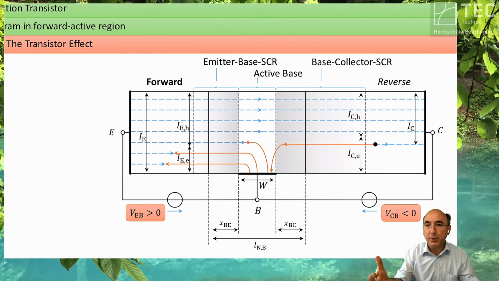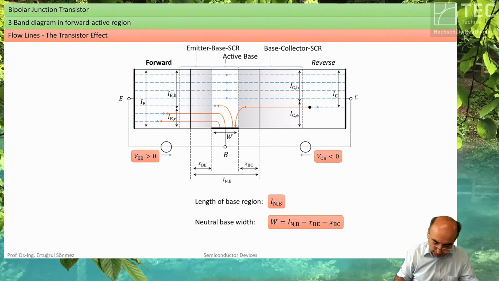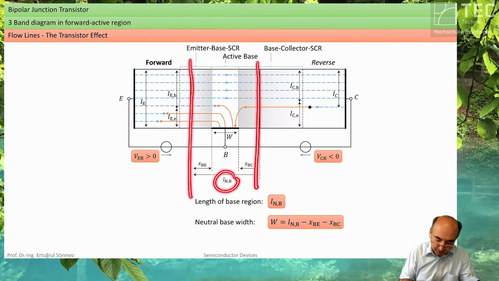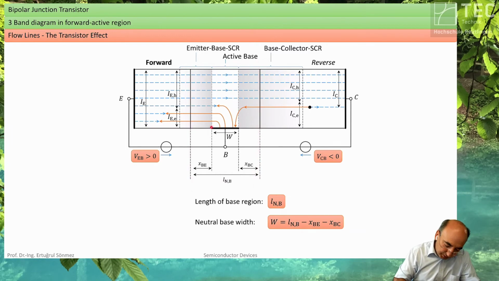That's the way of working of a bipolar transistor. Now the names. The physical length of the base is this one. The neutral width is this one.